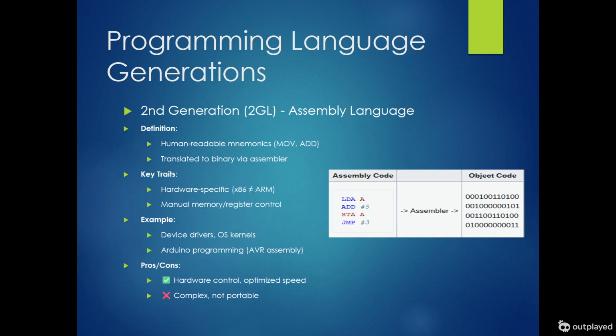And the second generation languages, or 2GL. 2GL introduces assembly language where mnemonic codes represent low-level machine instructions, and assembly requires an assembler for translation and provides detailed hardware control.